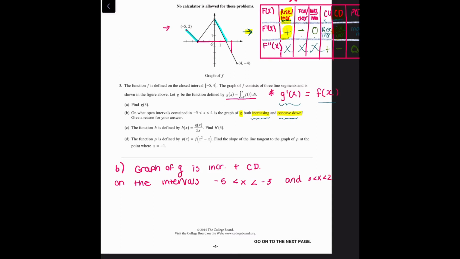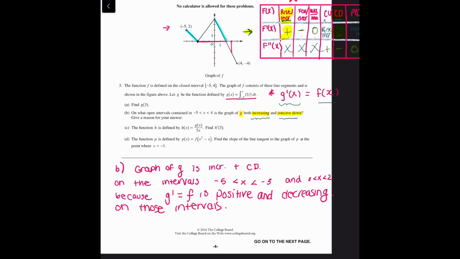The reason is because g prime, which some of you like to write, which is also equal to f, is positive and decreasing on those intervals. Okay, that's part B.